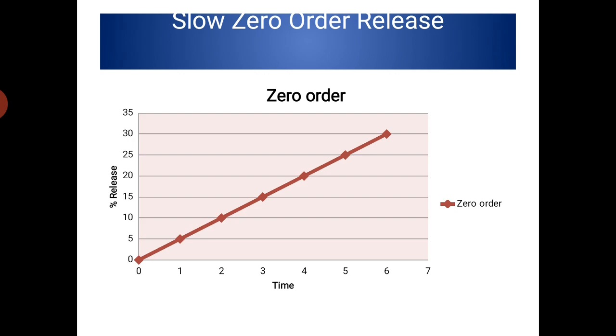So if the drug molecule has a low half-life, suppose the half-life is 1 hour, within 4 to 5 hours, or within 4.3 hours, it can attain 95% steady state concentration. Whereas if the half-life is 6 hours, 6 into 4, minimum it will take 24 hours to attain a steady state concentration.